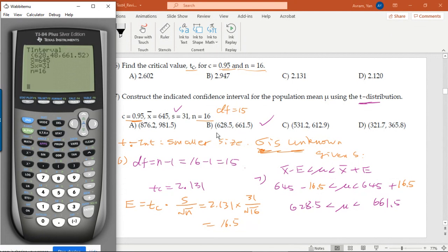Rounding to 1 decimal point, I got exactly the same answer. So there's one shortcut in this chapter: you can find an interval directly from the calculator. That will help quite a bit with the calculation. Any questions?